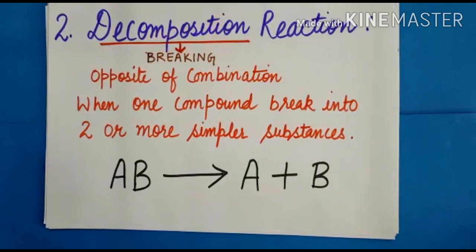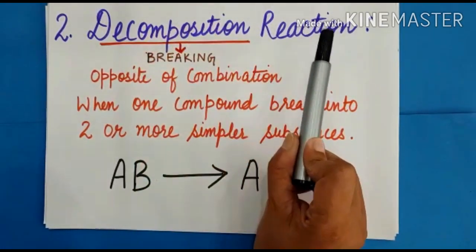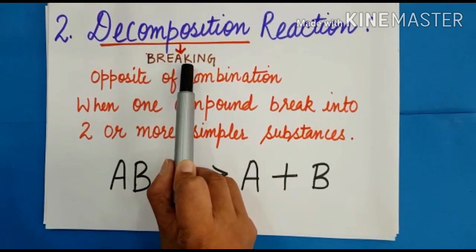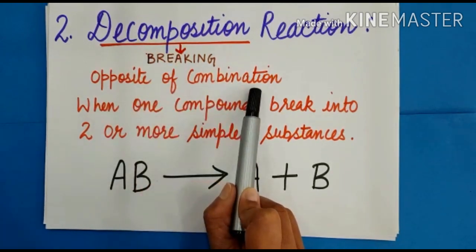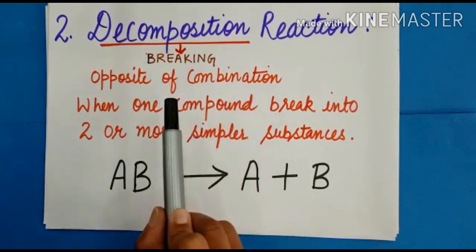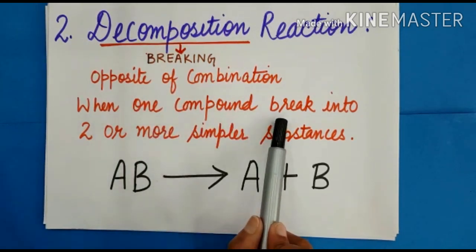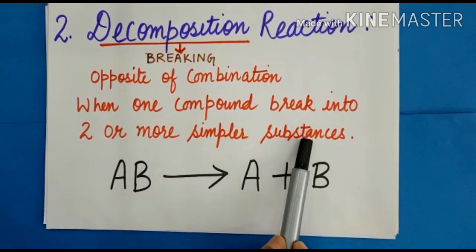Now let's elaborate the second type of reaction, that is decomposition reaction. Decomposition means breaking, break something, and this is also known as the opposite of combination reaction, because in this type of reaction one single compound breaks into two or more simpler substances. Like decomposers, what is the function of decomposers? Decomposers break complex substances into simpler ones.